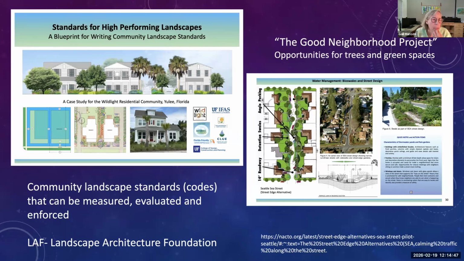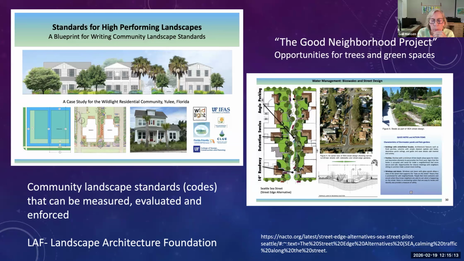And this is a document that I wrote that's posted on the Florida Friendly Landscaping Program website, and it's standards for high performing landscapes. I wrote this with my class as a blueprint for community landscape standards. And it has information in there on street trees and trees in parks and green spaces also.